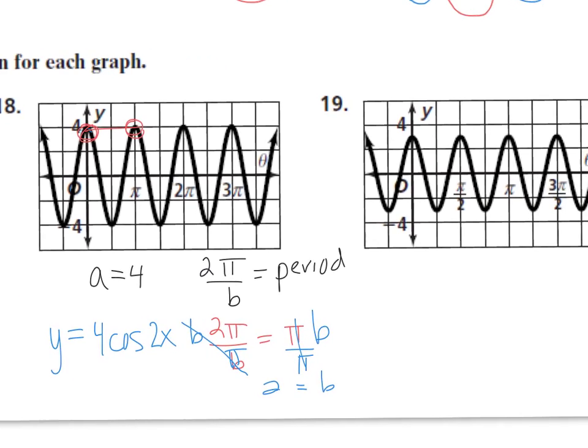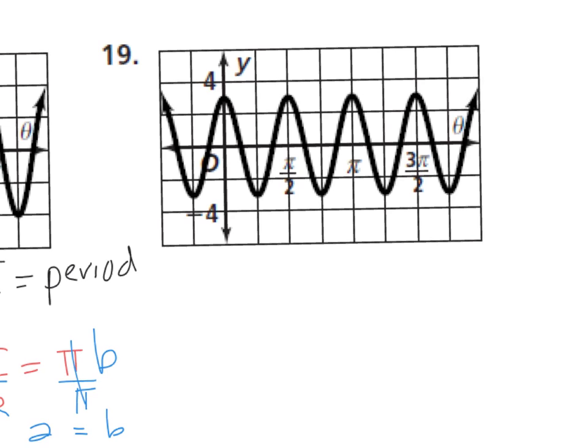And then number 19, first we're going to find our amplitude, which is 3. And then to find b, we're going to do 2 pi divided by b equals the period. So the period is going between 0 to pi over 2. So I write pi over 2. Now I'm going to solve for b.